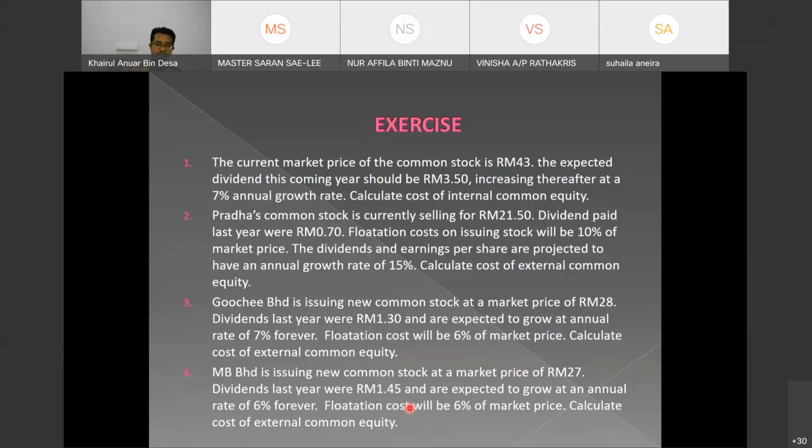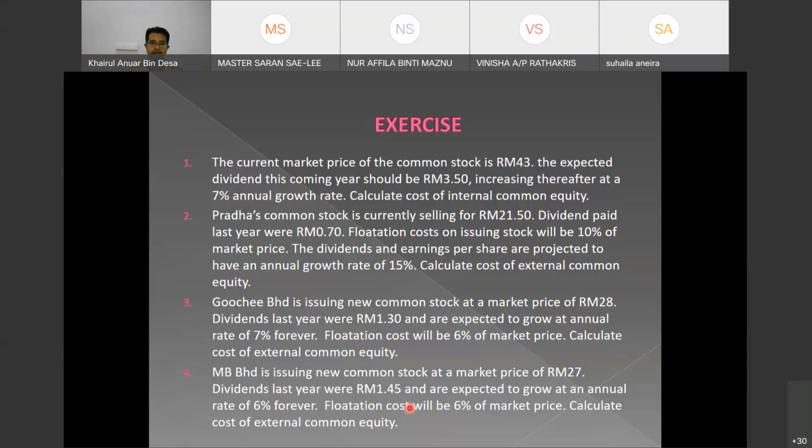Here we call it the flotation cost. That's why we have to include flotation cost in our calculation. Net price is 27 minus flotation cost. Right, Santian?